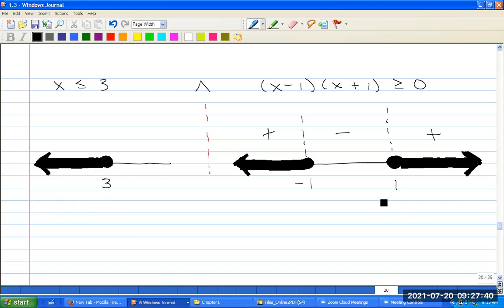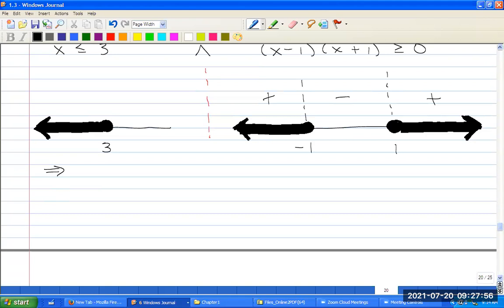So we'll include this guy and include this guy up to 3. And so the overlap between these is going to be, well, here's -1, here's 1, and here's 3.